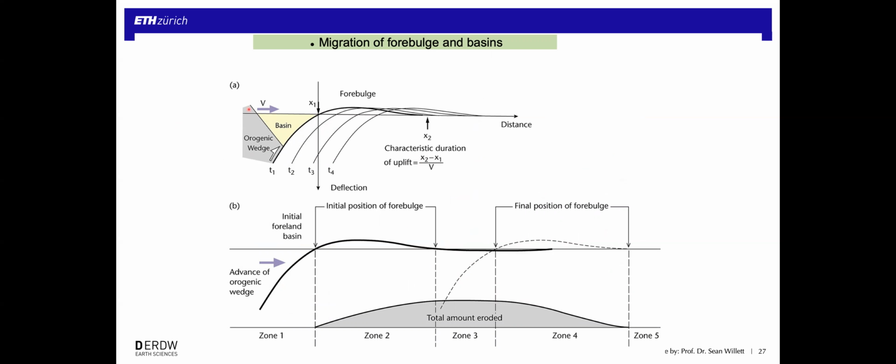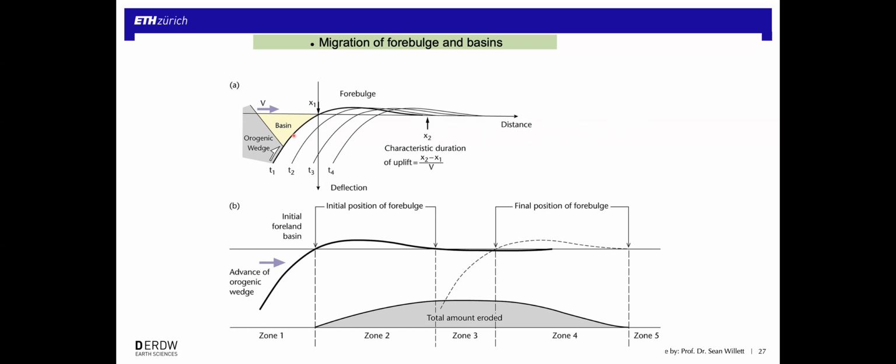So if we have an orogenic wedge, which is growing and also propagating out over its foreland, we have a basin that's sitting in here. That whole system is going to be moving with respect to, say, a distal point out here. And as it moves, that means that the load is moving. And as the load moves, then the flexural response has to move.